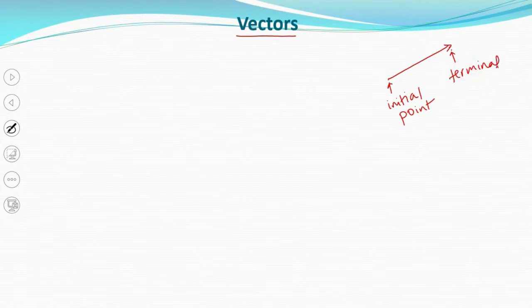This length is the magnitude of the vector, and this arrowhead indicates the direction of the vector.